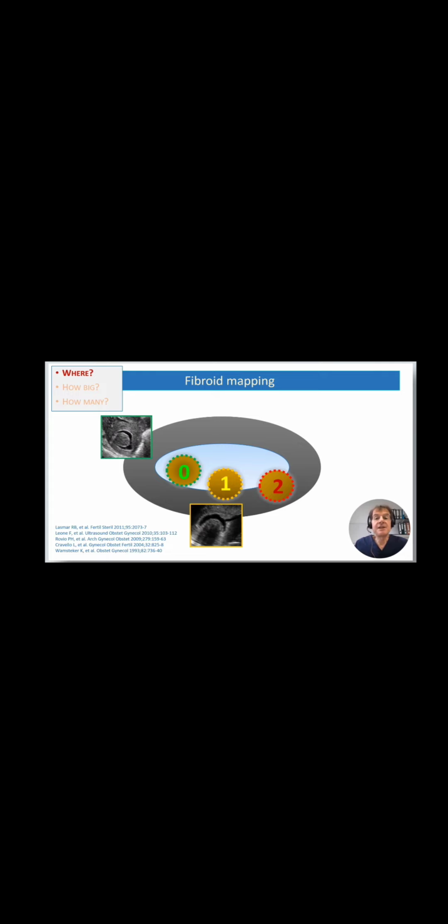Especially if you have a fibroid in the cavity, it's important to see if the fibroid is almost totally in the cavity, FIGO 0, most of the fibroid is in the cavity, FIGO 1, or most of the fibroid is intramural and not in the cavity, because the first is easy to remove by hysteroscopy and the latter is more difficult.